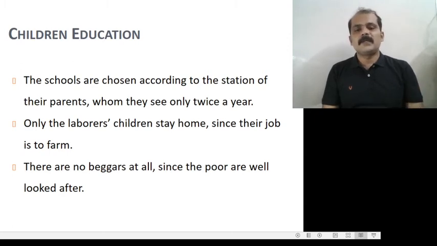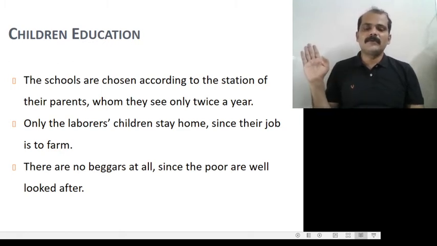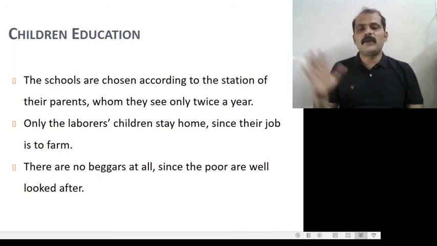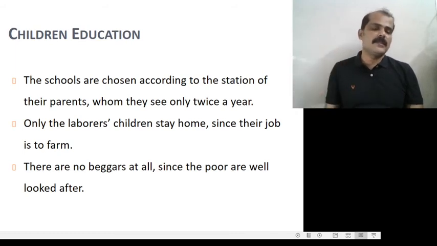There are no beggars at all. This is a very important point here. There are no beggars at all, since the poor are well looked after by the state, by the kingdom.